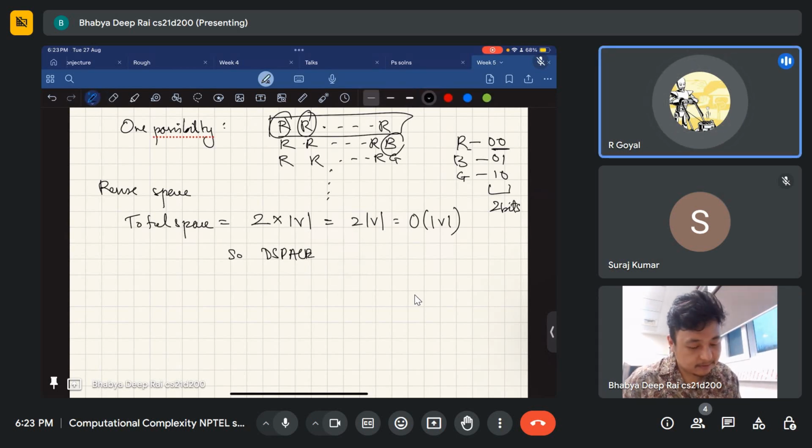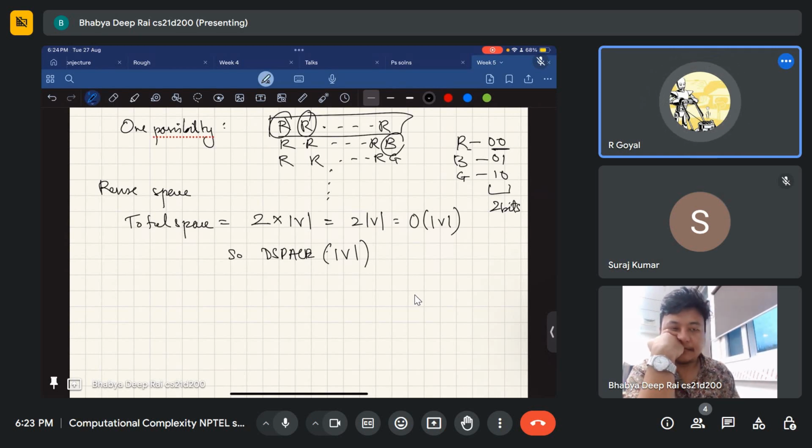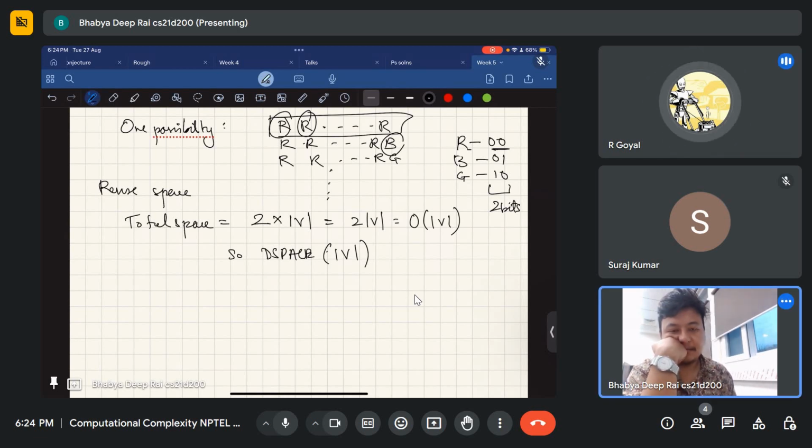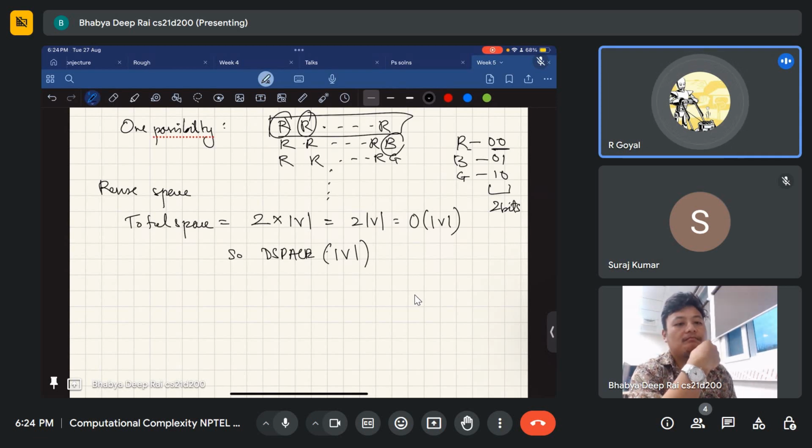But then I have a question here. I think that only three colors are sufficient to check. So I just require 2 multiplied by the log of v number of bits. Therefore, the space requirement should be order log v.